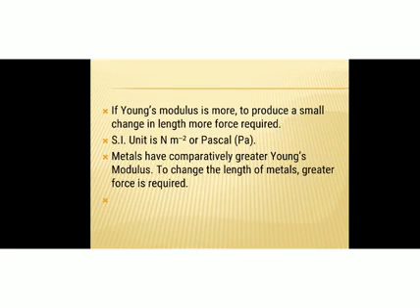Now, if Young's modulus is more, it means that to produce a small change in length, more force is required. So if the Young's modulus of a material is more, it means that if we want to produce a very small change in its length, we need to apply more force. And what is the SI unit?